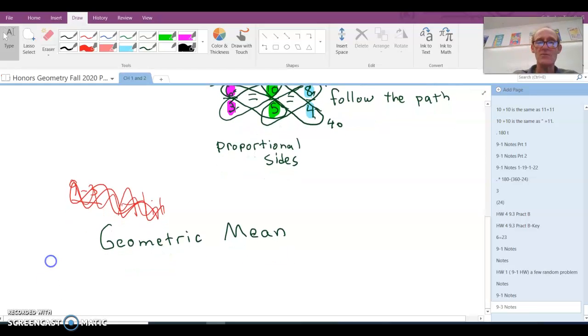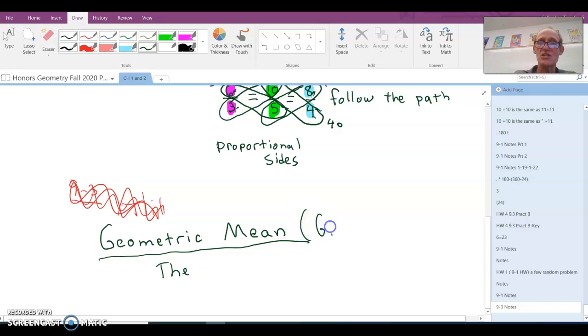Okay, now the geometric mean is this. I'm going to call this GM, for geometric mean.